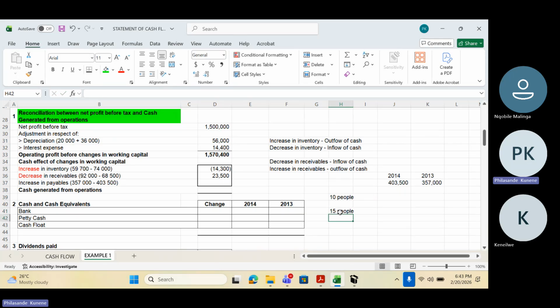What happened? Why am I owing more? Or maybe let's say, Kinelwe, I was owing you 100 Rand last year. Now I'm owing you 150. What happened?